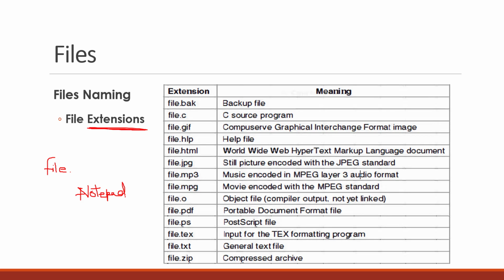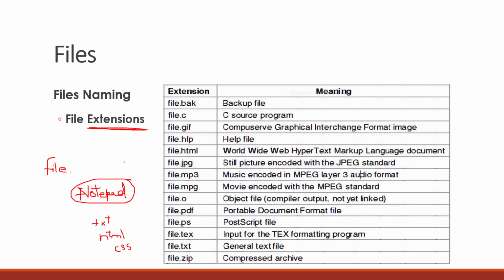You might have experienced that a notepad can read a lot of files. It not only reads the txt files, it can read some HTML files as well, right? It can read CSS files as well, right? It can read a lot of files for you. So notepad is one of those programs that is built to read a lot of files, right?